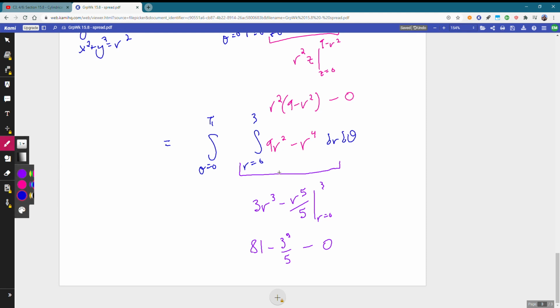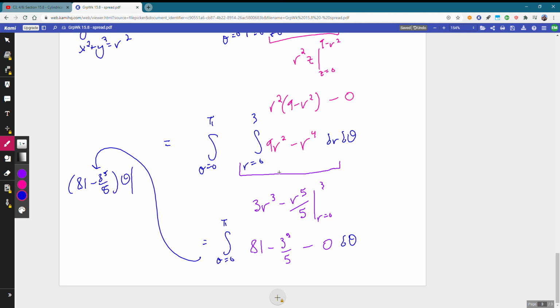And here we're integrating this from theta equals 0 to pi. And let's just bring that over here. So integrating here, we get just a constant, so integrating this, 81 minus 3 to the 5th over 5 times theta, evaluated from 0 to pi.